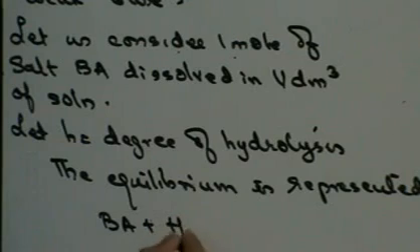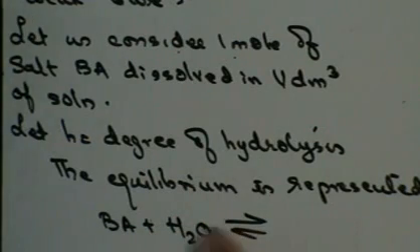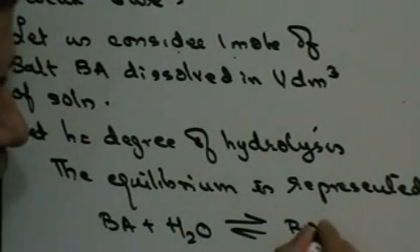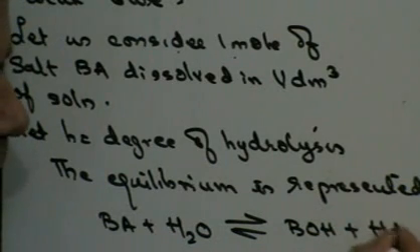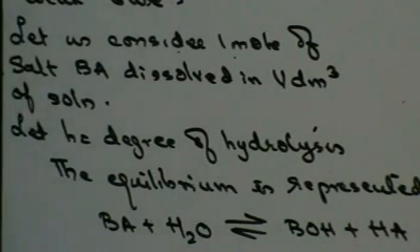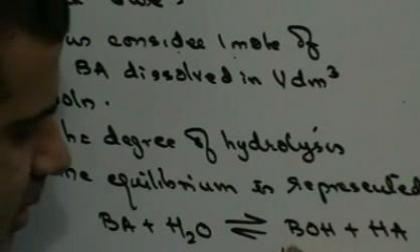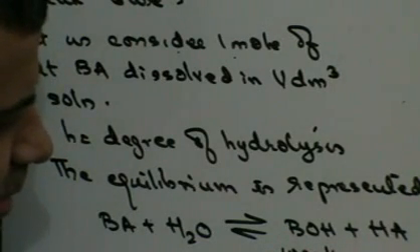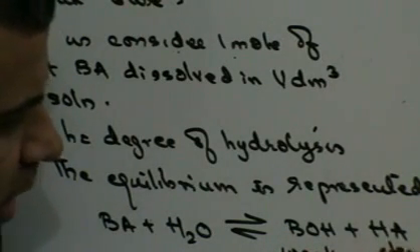The equilibrium is represented as BA reacts with water reversibly to give you BOH plus HA. I'm considering the salt of strong acid and weak base, so BOH will be my weak base and HA will be strong acid.